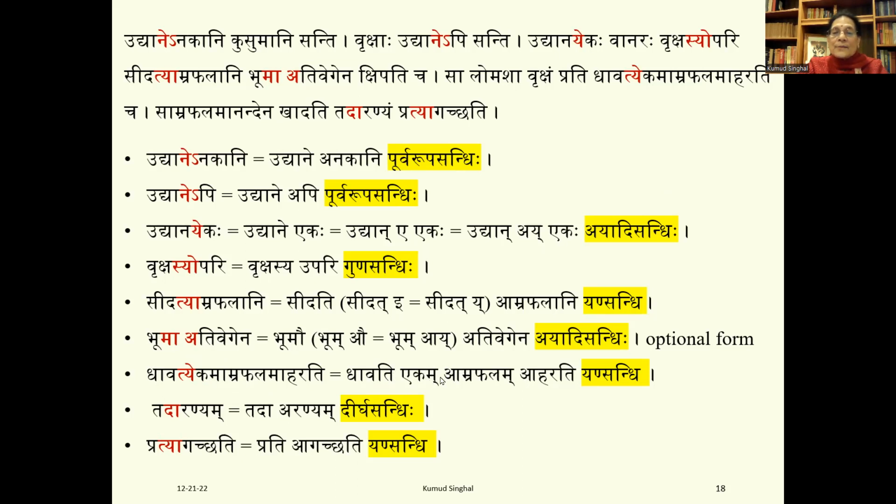Sorry, this was just a ma. This is a long ma. And phalam, there's one sandhi here. And ma and a is ma. So yan sandhi. Then tadaranyam. Tada is then. So a and a, this is dirgha sandhi. And pratyagachati. So prati plus agachati, again e followed by a. So it is a yan sandhi. So ta and ya, tya, pratyagachati.